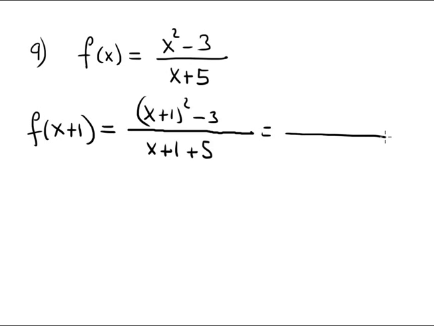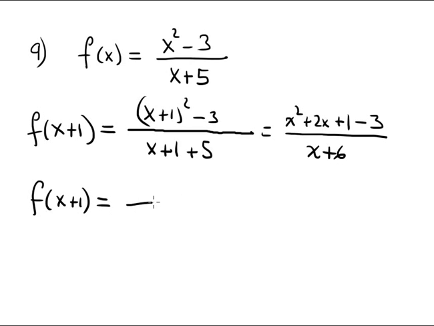In the denominator we have x plus 6, and on top we have x squared plus 2x plus 1 minus 3. Therefore, f of x plus 1 is equal to x squared plus 2x minus 2 over x plus 6. Correct? That's the answer.